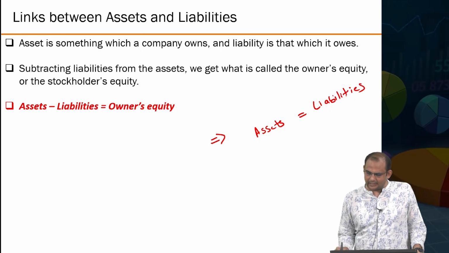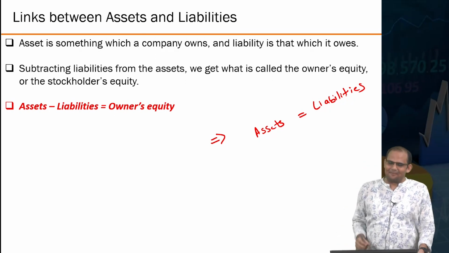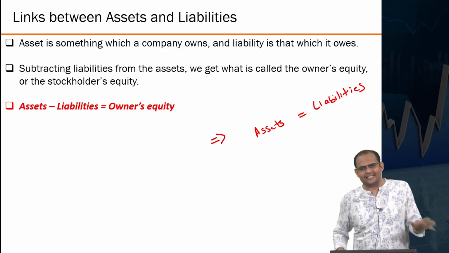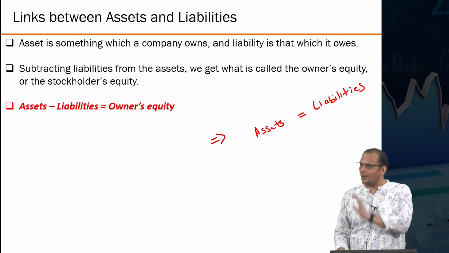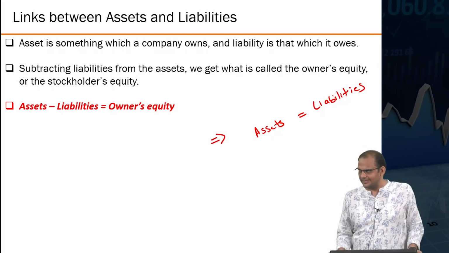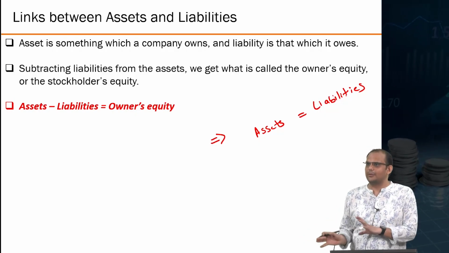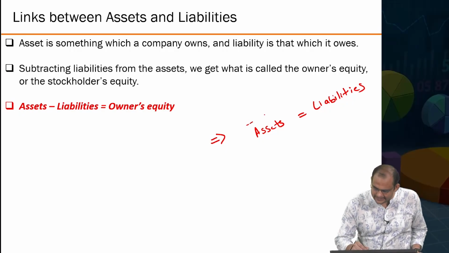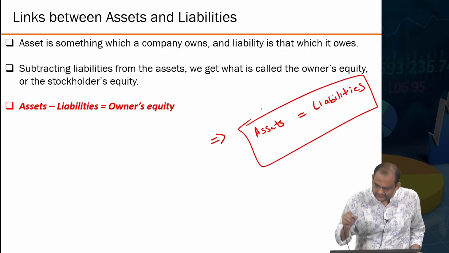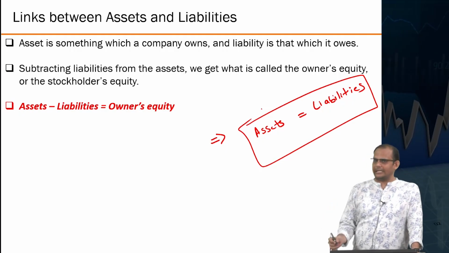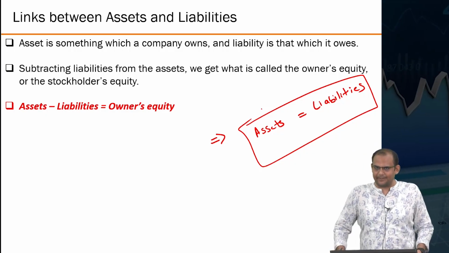Is the spelling correct? I have no idea. But essentially, the sum of the assets has to be always and always equal to the sum of liabilities. We will see how sometimes this creates confusion. We will see those examples in detail. But this is the modern or the most recent, and this is quite commonly accepted.